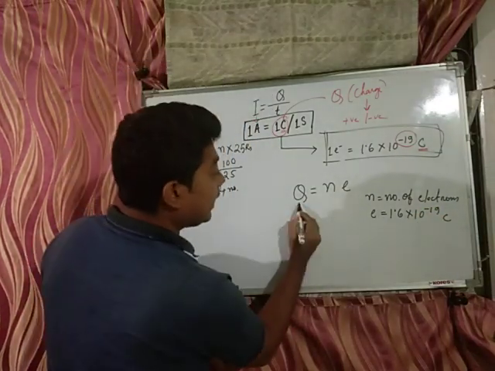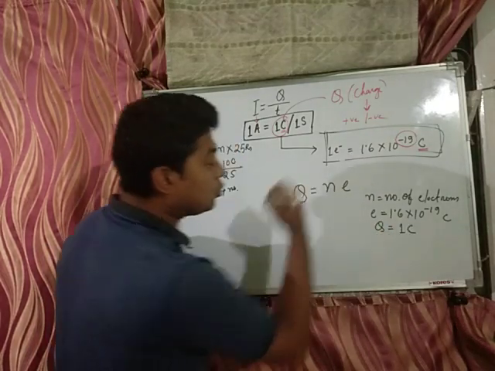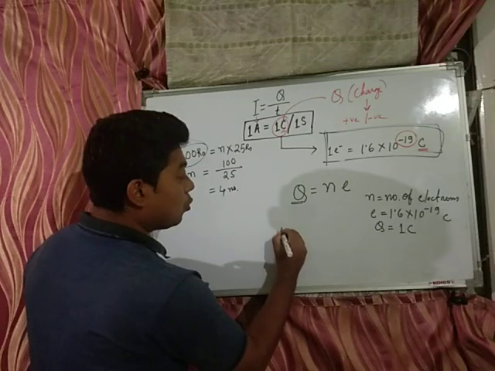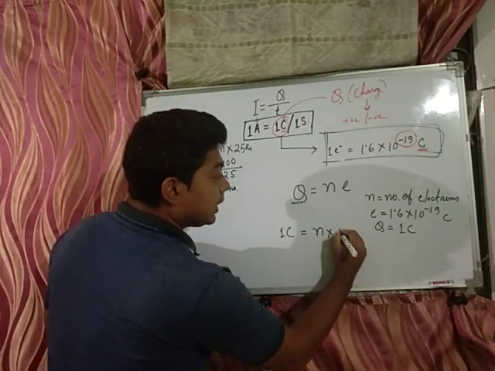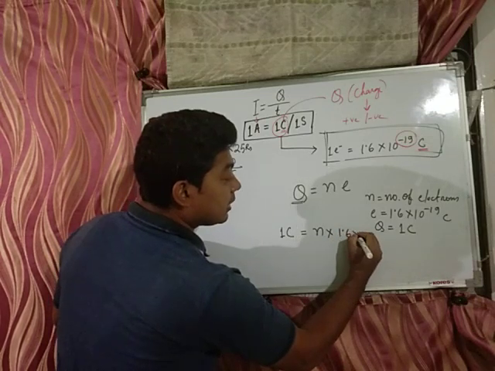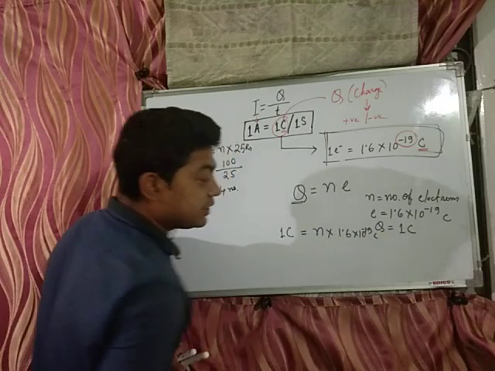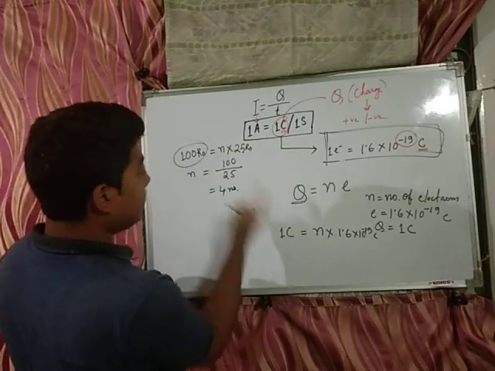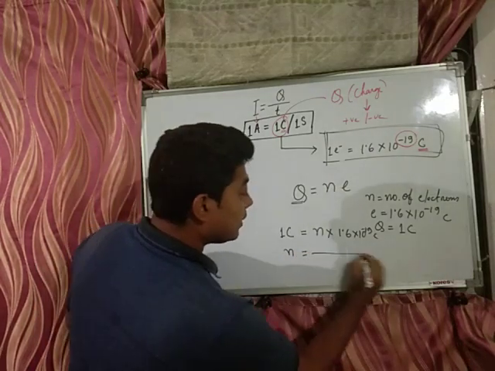Here the charge you have to make is 1 coulomb. How many electrons are required?